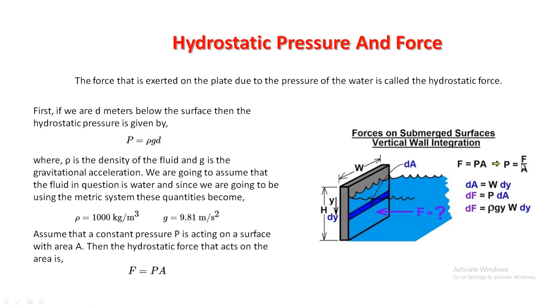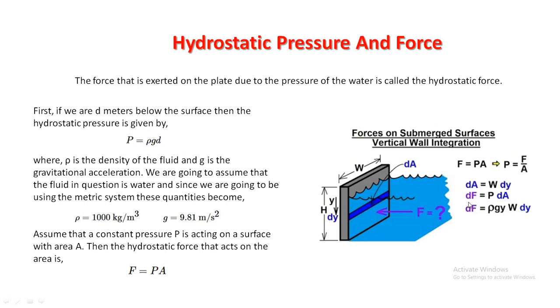So the force is fixed, however, our area is changing. Since we have a changing area, the force will also vary. This area is equal to W, the width of this wall, times dy, the height of this particular differential strip. So that's W dy.